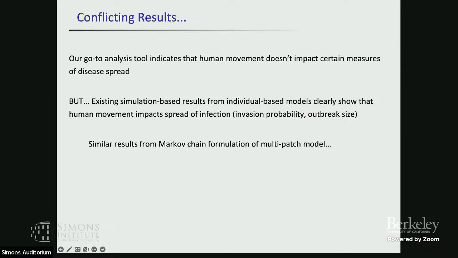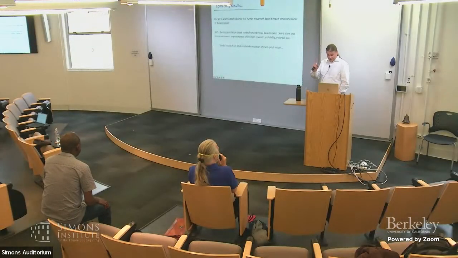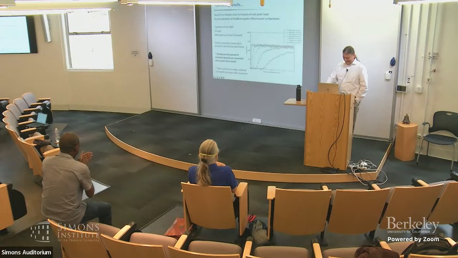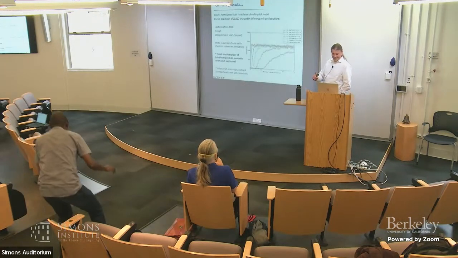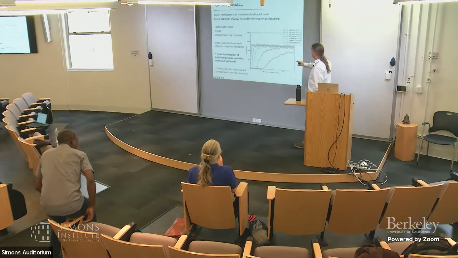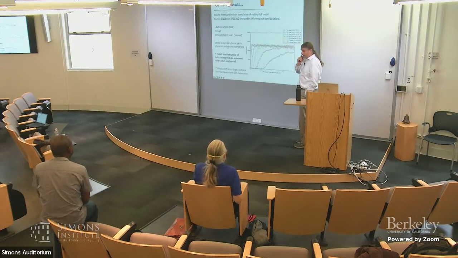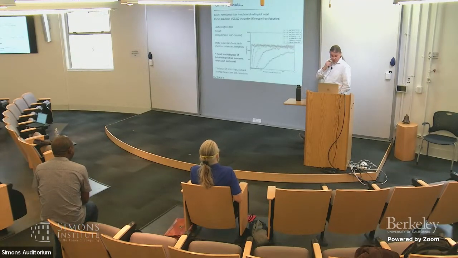With 100,000 people, that should be the law of large numbers. Why are they different? We'll come on to that in a minute. This is exactly the point. So I set up a Markov chain model that corresponds to my set of differential equations in that way.